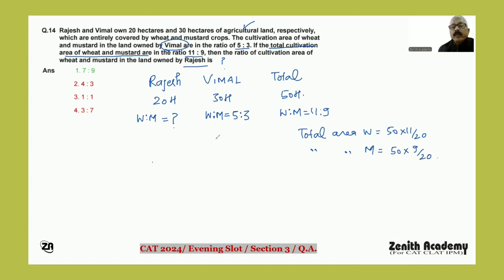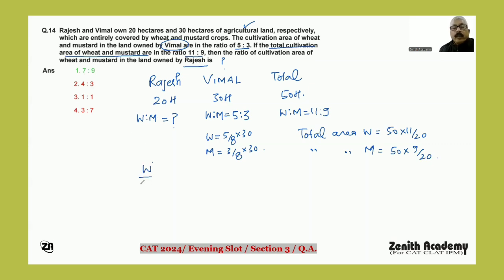Here with Vimal, total cultivated area for wheat is going to be 5 by 8 of 30. And mustard, it is 3 by 8 of 30. Correct.